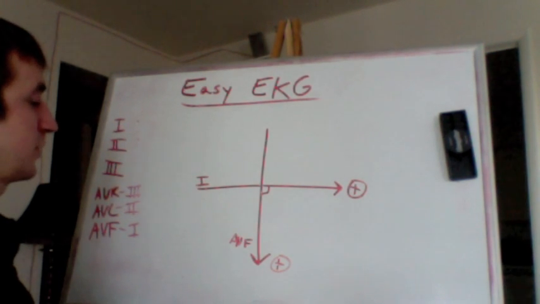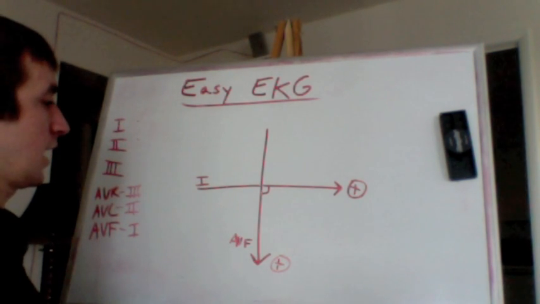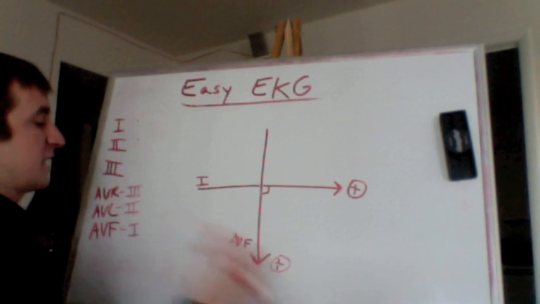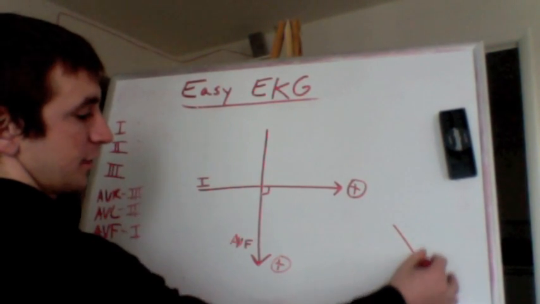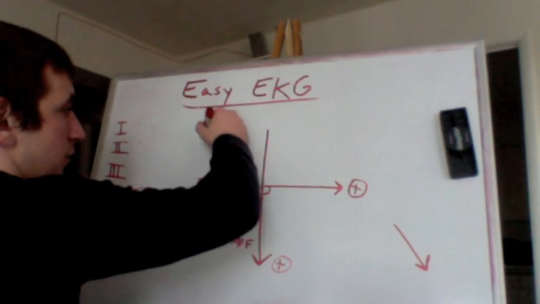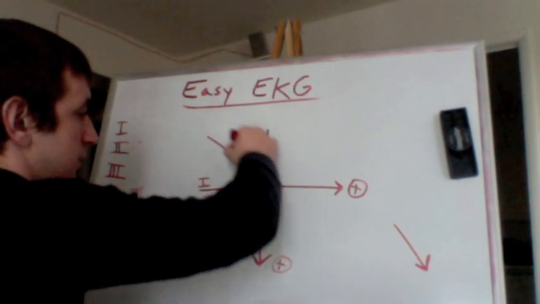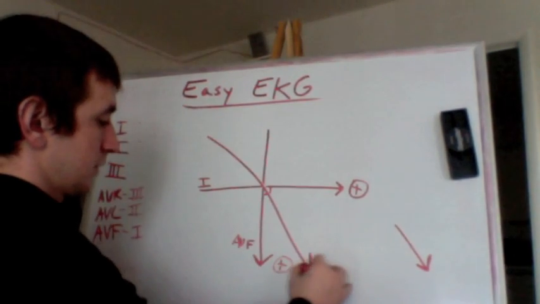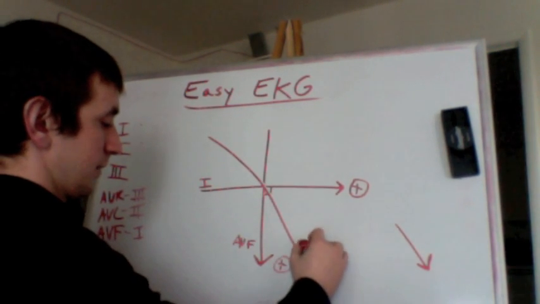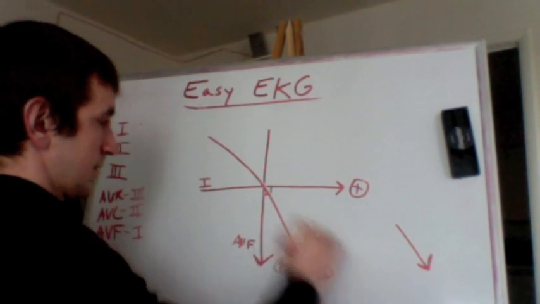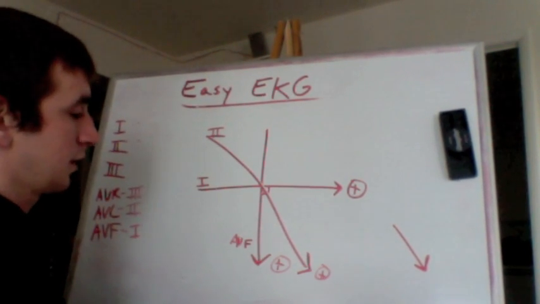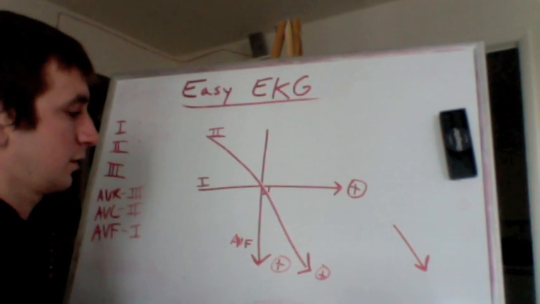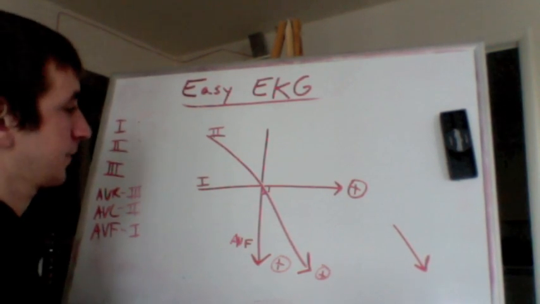How about lead 2. Okay, so remember lead 2 was essentially this direction, right? So we'll draw lead 2. That's lead 2. How about AVR? Let's do AVR.